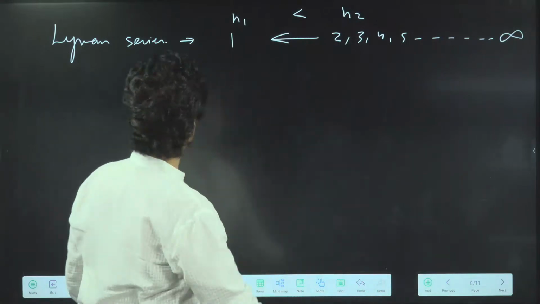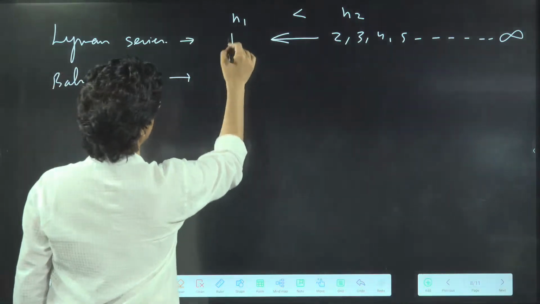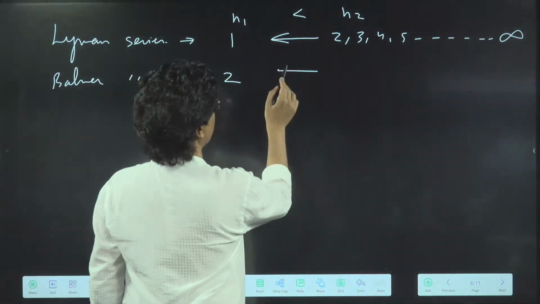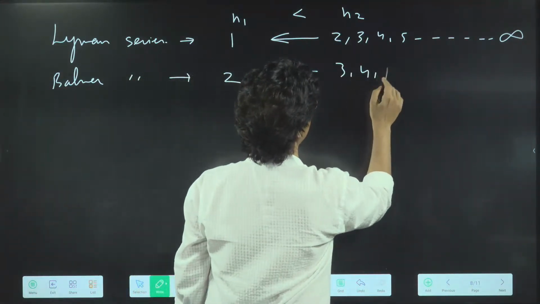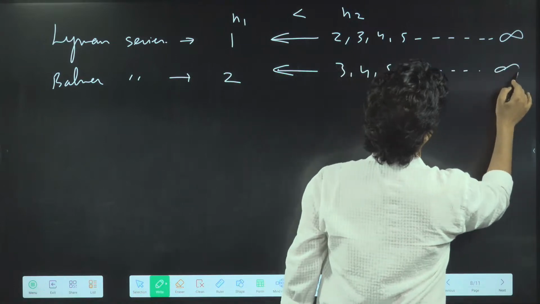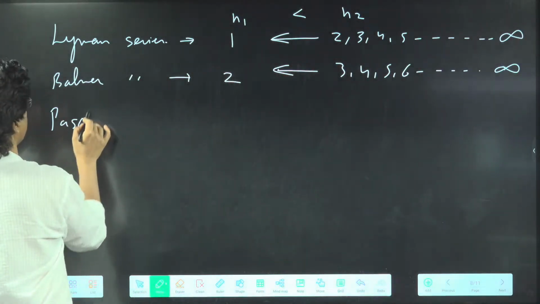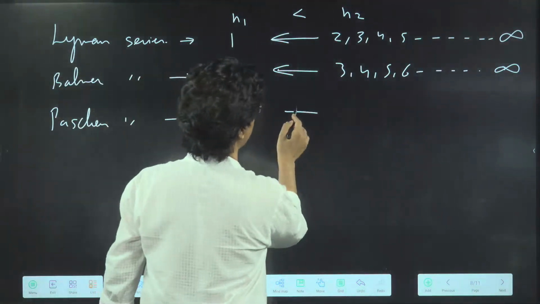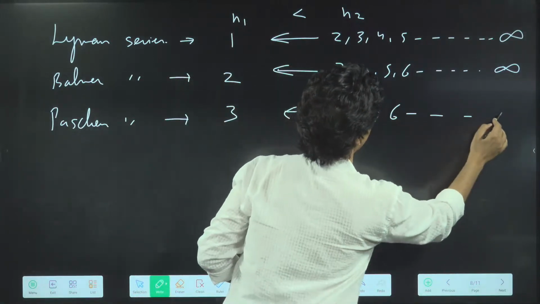For the Balmer series, n1 will be 2; orbit number 2 is compulsory. From where? Any higher orbit than 2: 3, 4, 5, 6 and so on until infinity. And for the Paschen series, we have to come to orbit number 3 from where? Obviously higher orbits, like 4, 5, 6 and infinity.